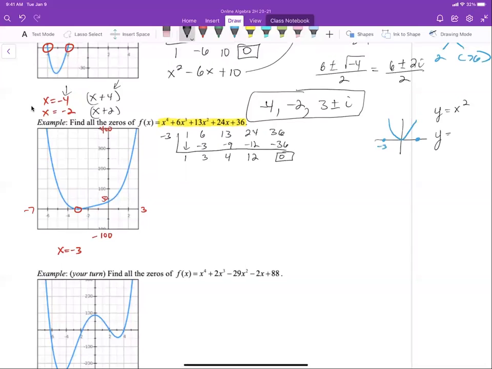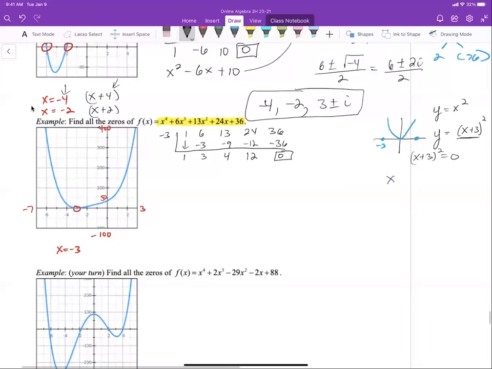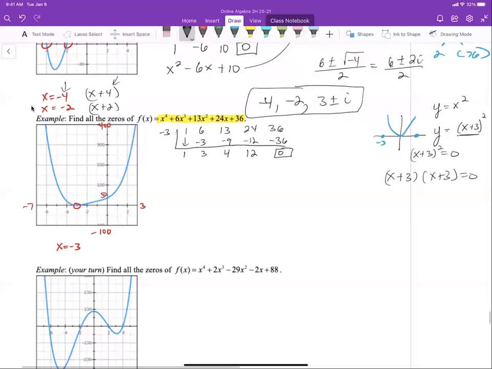Then we would have a positive 3 within the function rule because it was in the x direction. So that's inside the parent function rule. So if I have x plus 3 squared equals 0, that's the same as x plus 3 times x plus 3 equals 0. x equals -3 is a duplicate. We would potentially have two zeros at x equals -3.